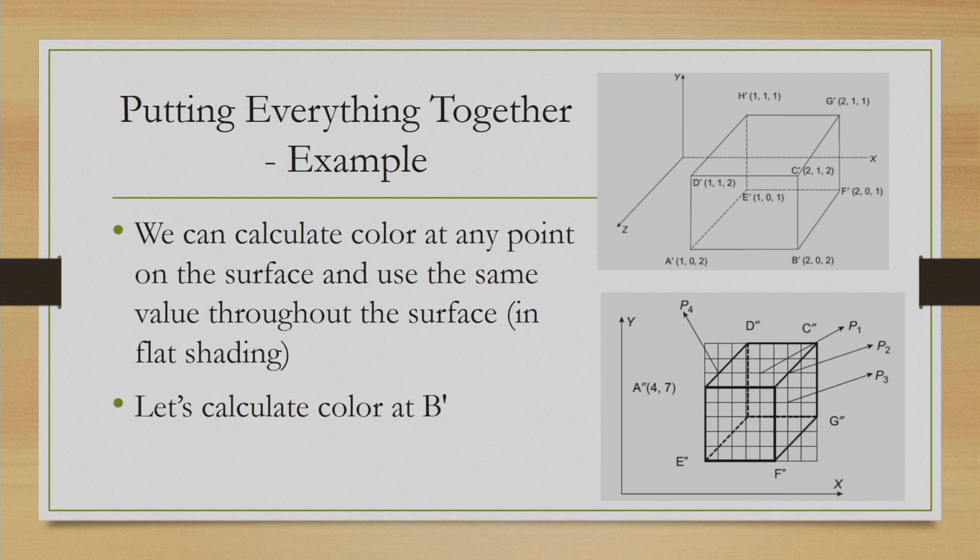Now, in order to compute color, we can calculate color at any point and then use the same value throughout the surface in flat shading. So, let us calculate color at this vertex B dash.